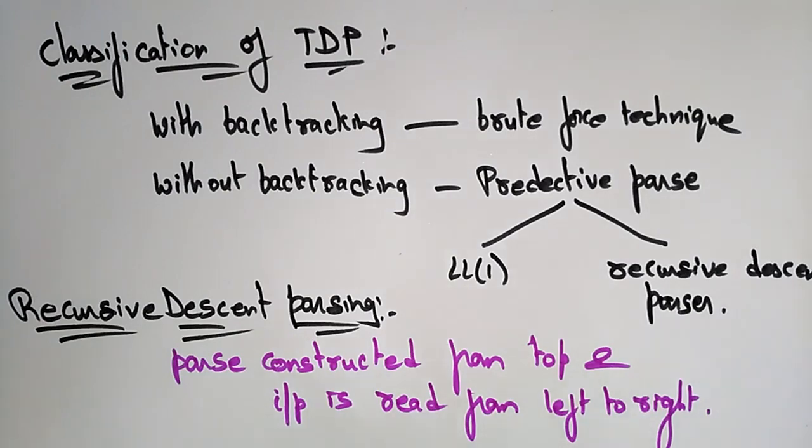The productions for every terminal and non-terminal entity are used in recursive descent parsing. So here the input is recursively parsed.